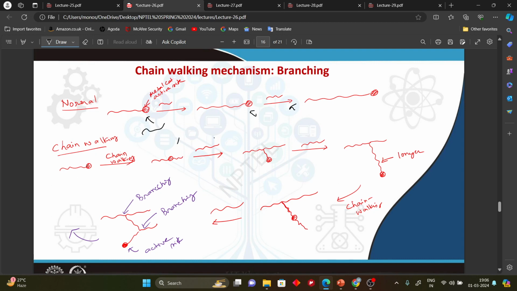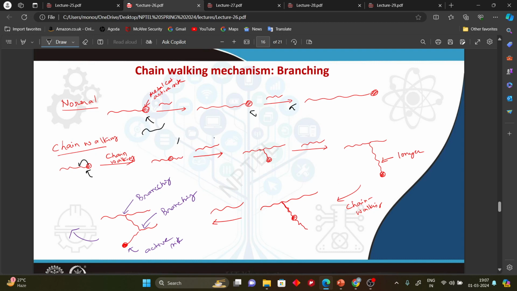For chain walking, what happens? So here your metal active site is this. So during this process, this shift happens. That active center shifts here, and this kind of system is happening. So that's why it is called chain walking, because your active site is kind of walking along your macromolecule.